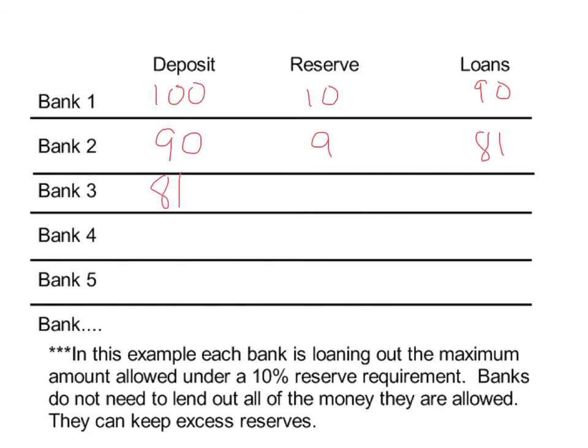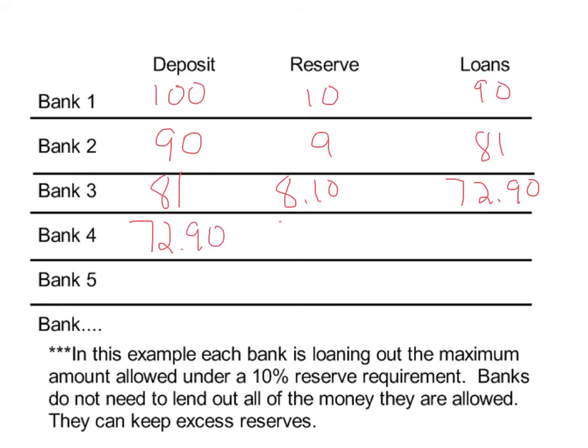They're required to keep $8.10, which means they can make additional loans of $72.90. That $72.90 gets spent and put into Bank 4.